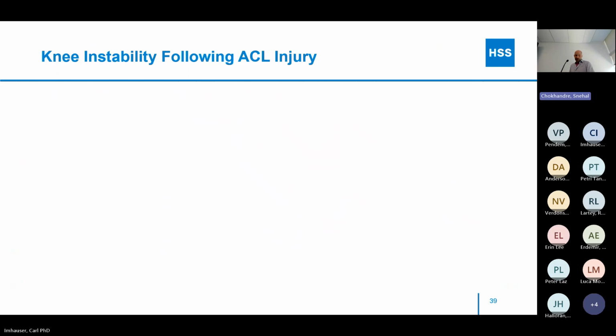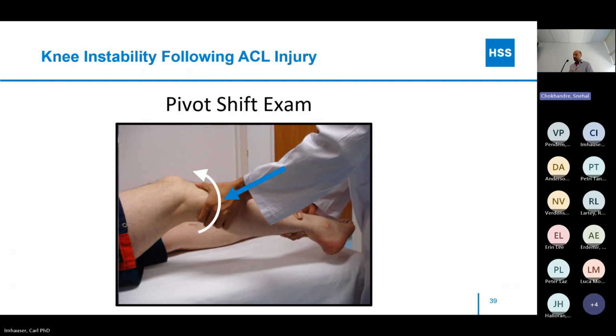And let's talk about knee instability following ACL injury again. Let's talk about the pivot shift exam, a complex multiplanar set of loads where the surgeon feels a sudden rapid reduction or subluxation of the tibia relative to the femur as the knee is flexed or extended.